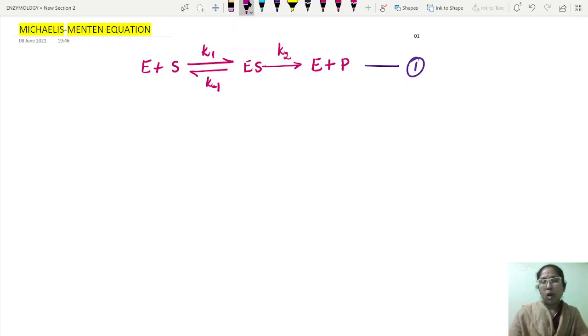The formation of the product from the enzyme substrate complex is purely a first order reaction.